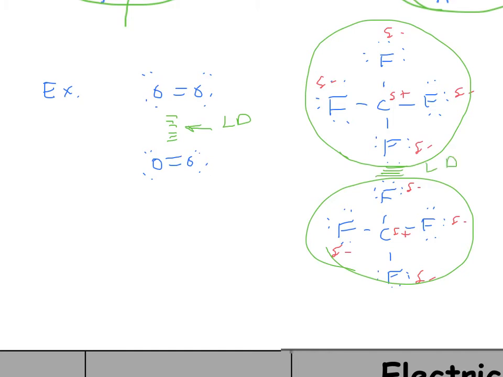This creates a London dispersion force. The London dispersion attraction between two CF4s is stronger than the London force between two oxygen molecules, simply because there are more protons and electrons to cause an attraction between them.